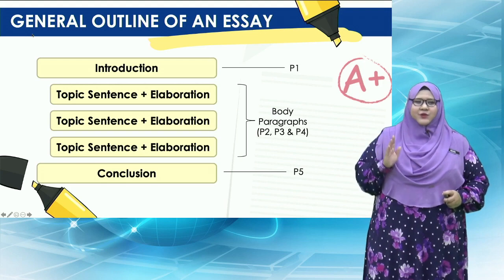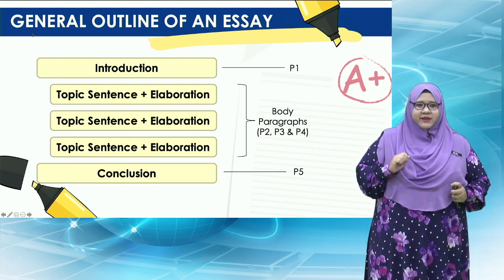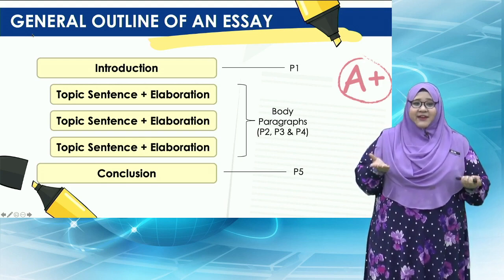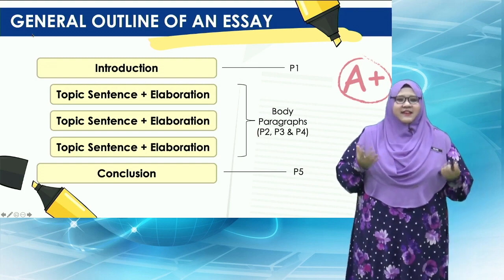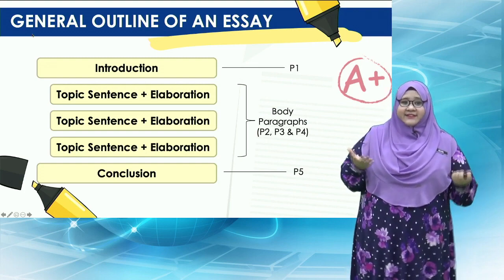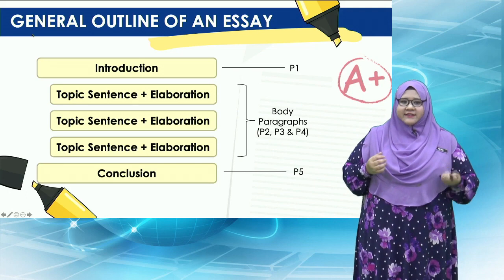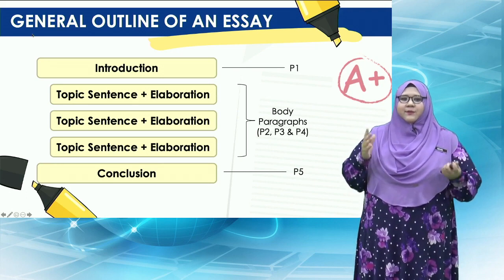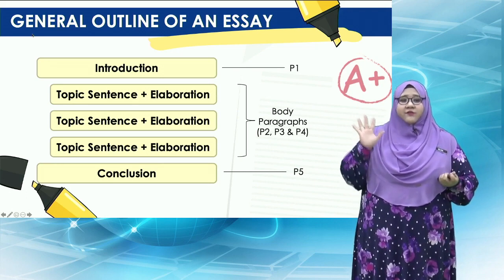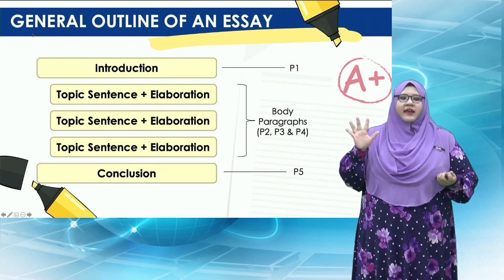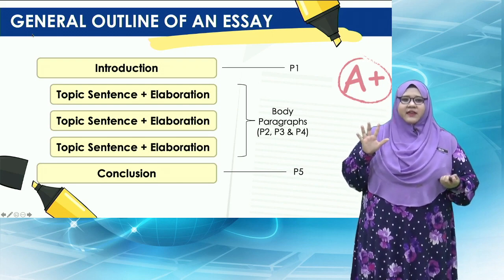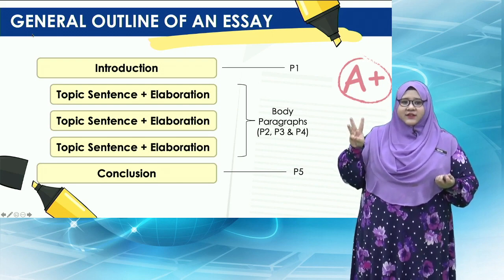Okay, I'm sure you're all very familiar with this outline by now, right? So this is what it looks like. A general outline of an essay. Usually a composition consists of 5 paragraphs. And out of these 5 paragraphs, there are 3 main sections.